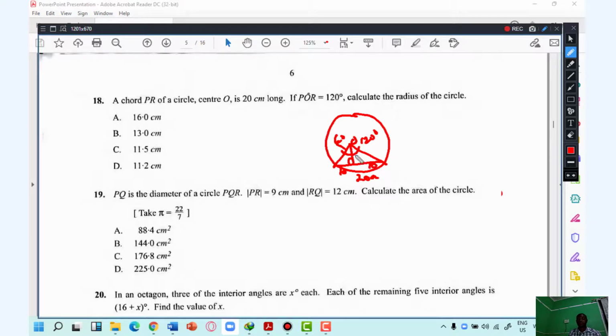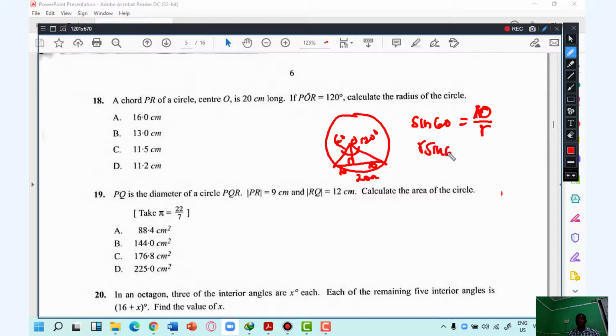They're looking for this side, the radius. So looking for radius, 60, here will be opposite. Opposite hypotenuse. So it will be sine 60 is equal to 10 over the radius.